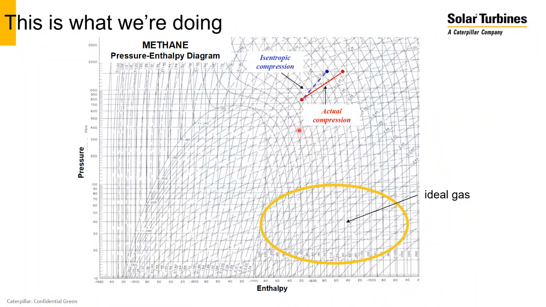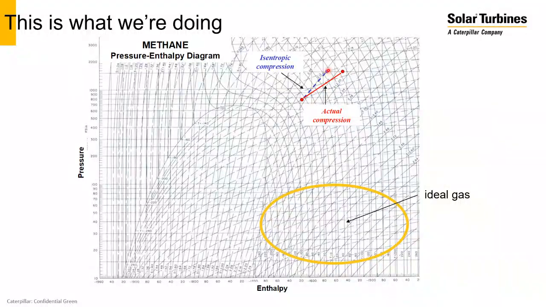Basically, what I can show in this diagram is the compression process. I have a starting point here defined by a pressure and a temperature. Then I know that I want to compress the gas to a certain pressure, so somewhere on this line. Now, if I haven't built the compressor yet, then I don't know exactly at what temperature I'm going to end up in that compression.